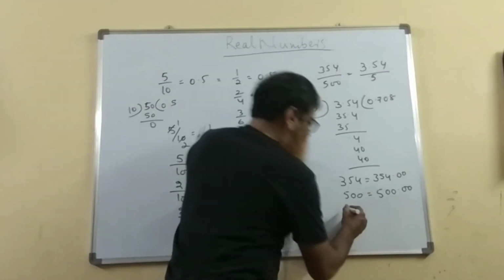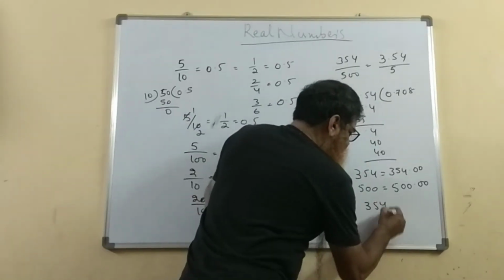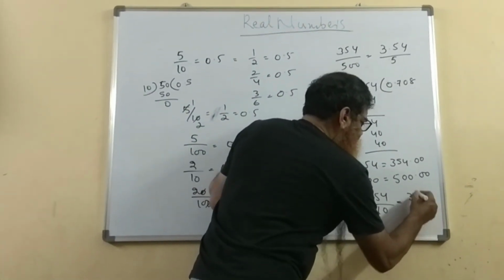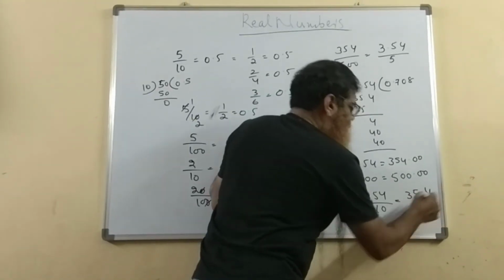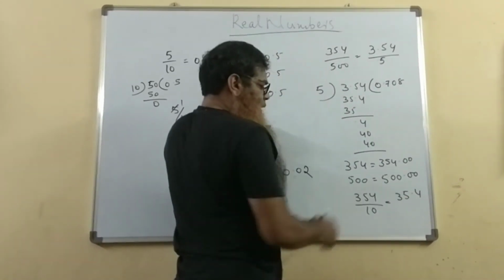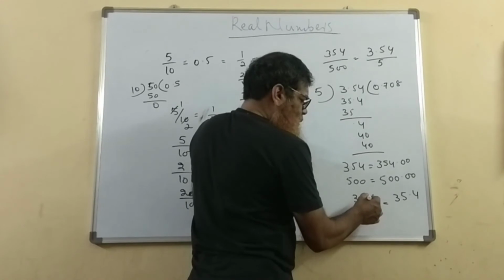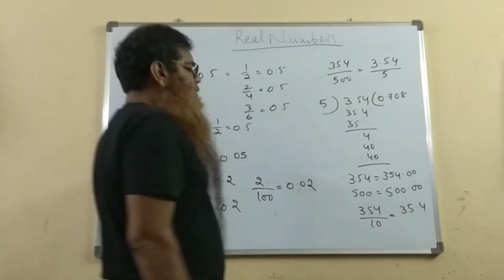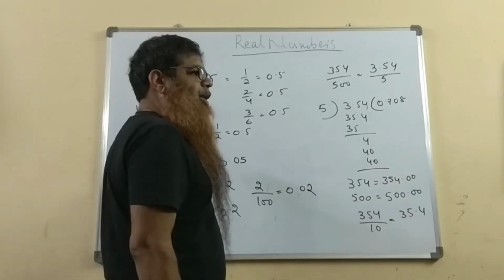So when we divide this 354 by 10, we can simply move the decimal one place, and it becomes 35.4. The decimal moves from here to here, and the result comes as 35.4.